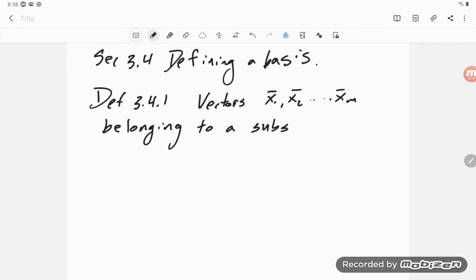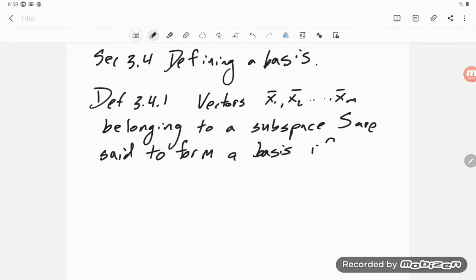I mean, it could be space, but anyway, subspace S are said to form a basis, okay, if they meet two conditions.